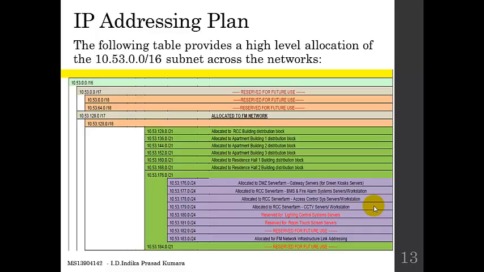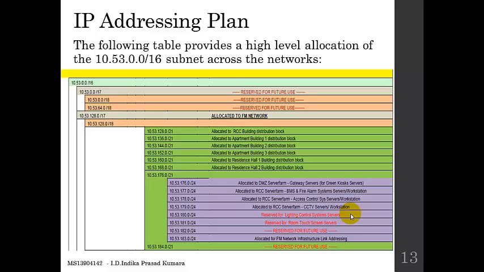Here we are going to discuss the IP address plan we used for the network design. We were planning to use the 10.53.0.0/16 subnet for the overall network, and the main subnet will be further subnetted into smaller ones. We initially decided to use separate subnets for different buildings.